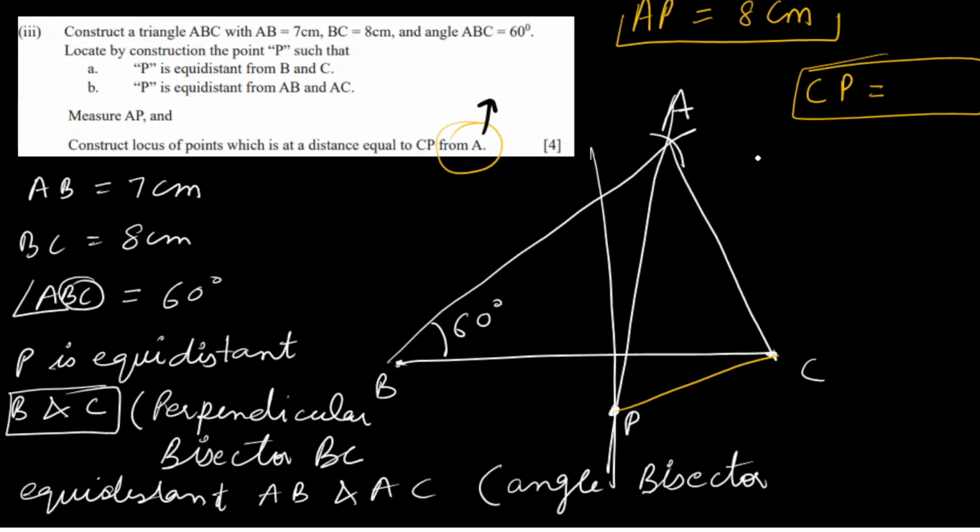It is actually the locus of a point equidistant from A. Yes. So we have to draw a circle with A as center. The radius of the circle should be equal to CP. Let's do that.